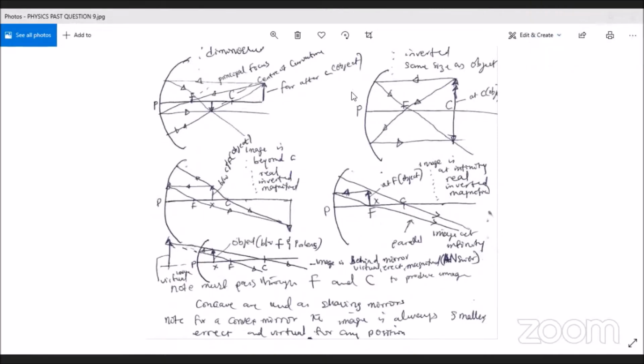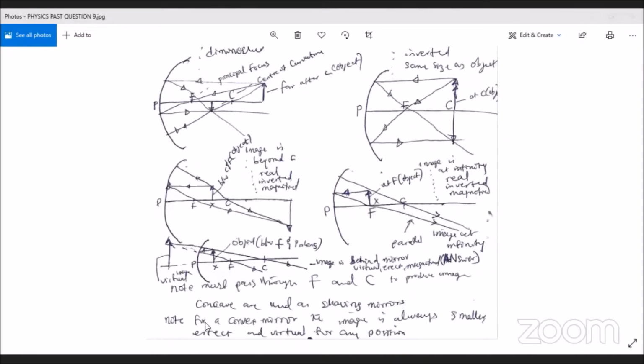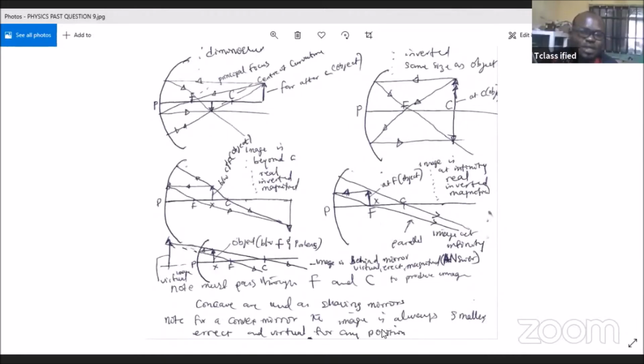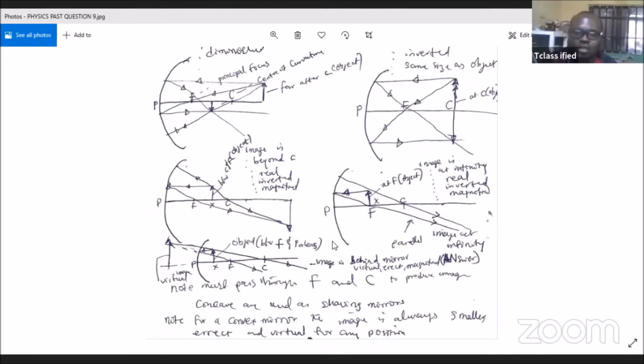Yes, sir. So these are the different types of images that a concave mirror can produce. For a convex mirror, the image is always smaller, erect, and virtual, no matter the position of the object. But for a concave mirror, it has different images at different positions of the object.